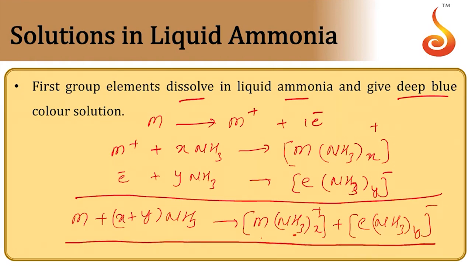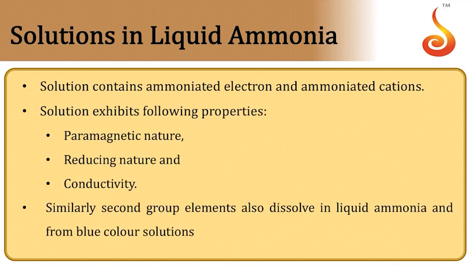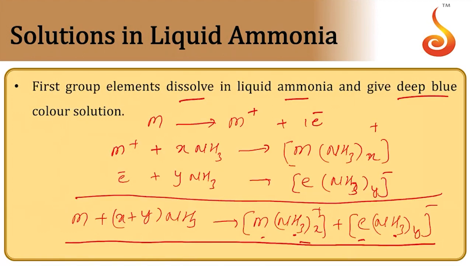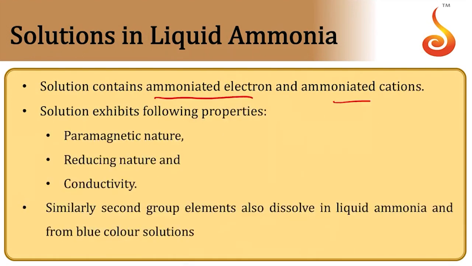So the solution mainly contains ammoniated cations and ammoniated electrons. These ions are present in the liquid ammonia solution of metals, and they impart color to the solution. That is, these two are there in the solution, and the solution exhibits the following properties because of these two.